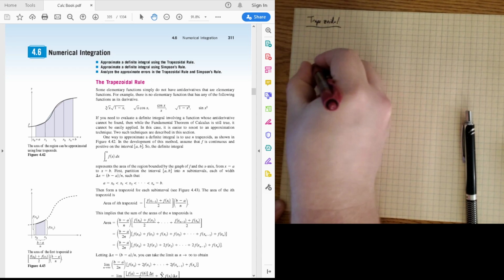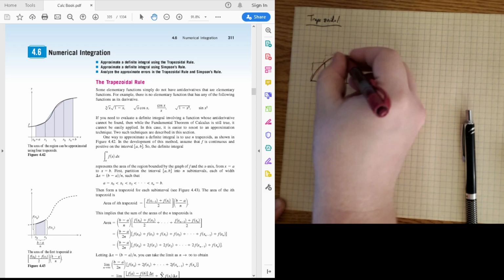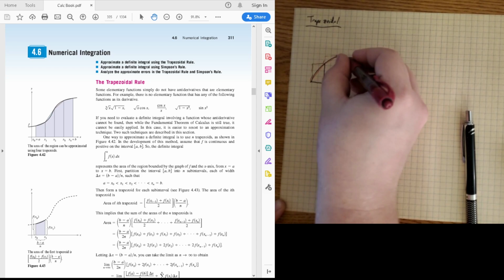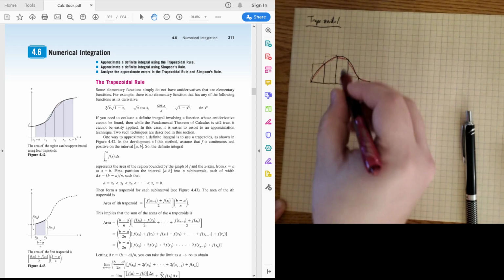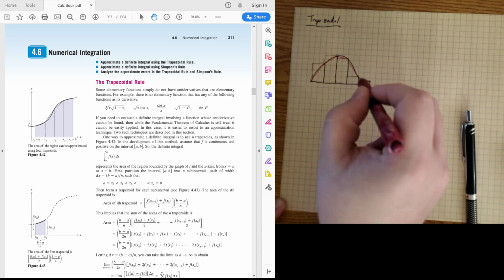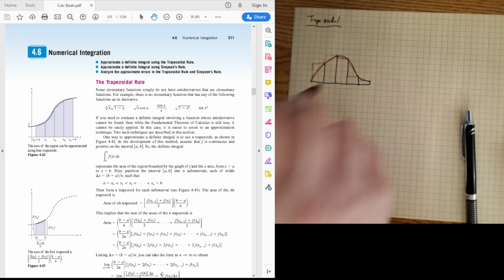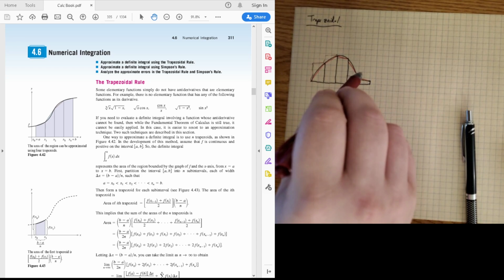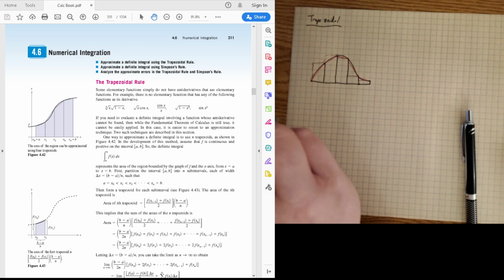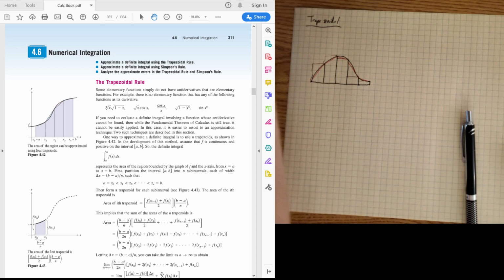The right-hand rule is going to be way too big for some of these, and way too small for other ones. Right? Look at how much closer these red lines are compared to these darker lines. It's going to be so much more accurate doing it with these red lines, making little trapezoids as opposed to making little rectangles. And it's the advantage of having this rule that lets us do that.